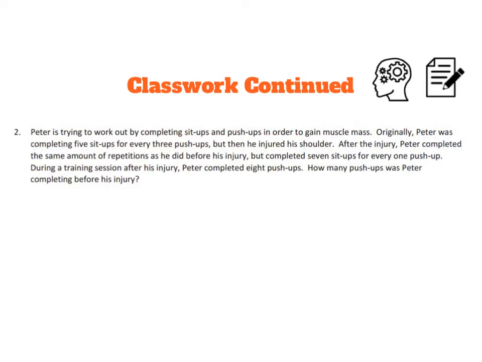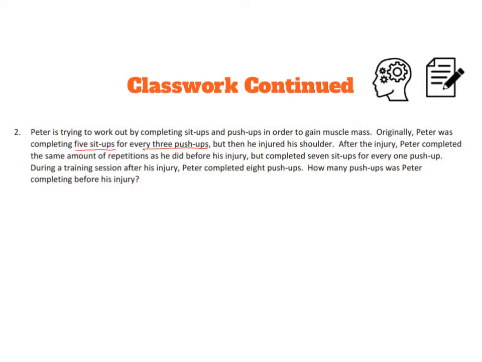Doing well. This one says, Peter is trying to work out, good for him, by completing sit-ups and push-ups in order to gain muscle mass. Originally, Peter was completing 5 sit-ups for every 3 push-ups. There's the ratio. But then he injured his shoulder. Darn it.